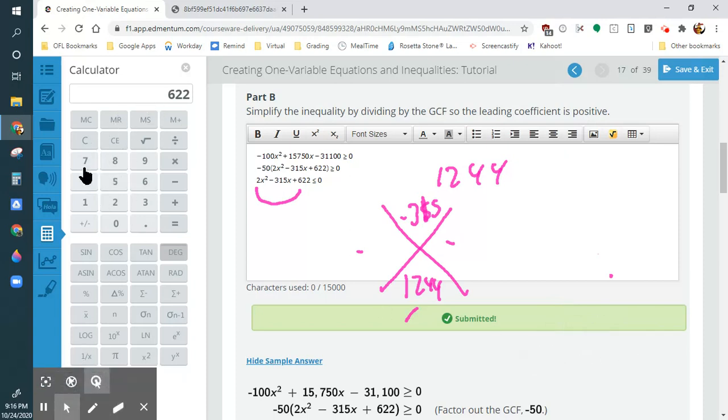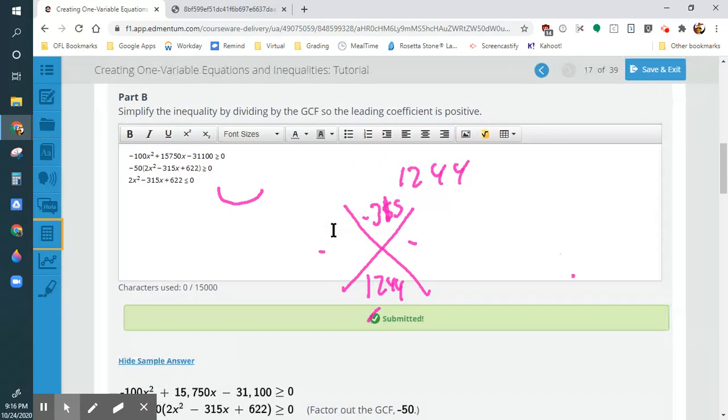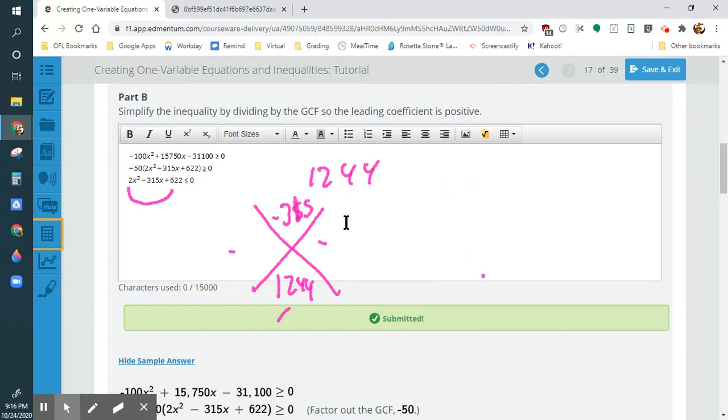I don't know the divisibility rule by 7, so I'm literally just going to try dividing it by 7. Why would they make us factor this by grouping? That's terrible. This is a really big number.